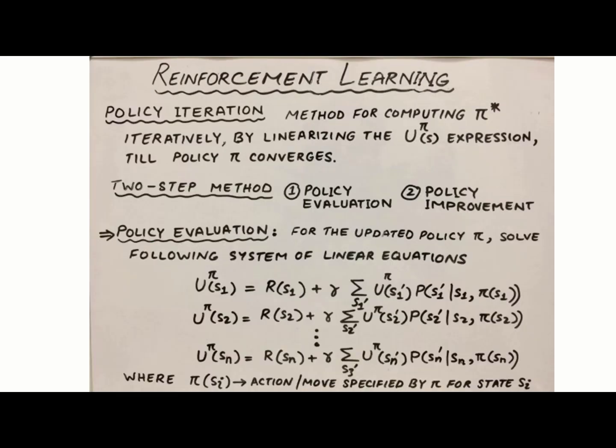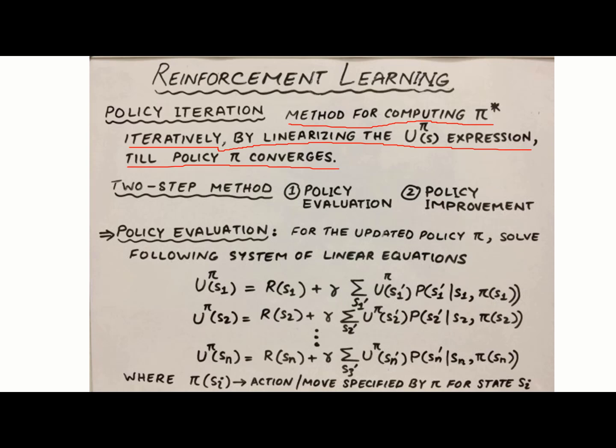Next comes policy iteration. It is a method for computing the optimal policy iteratively, by linearizing the U pi of s expression till the policy pi converges.